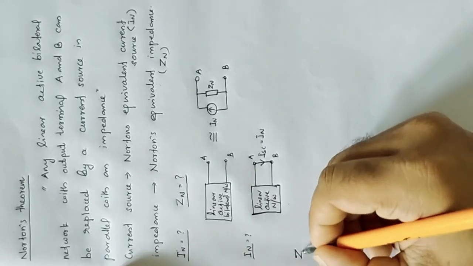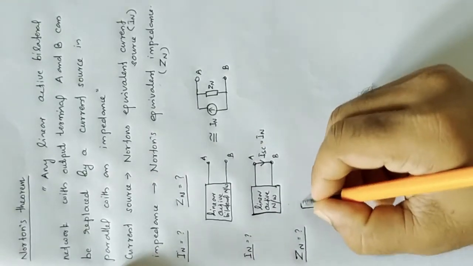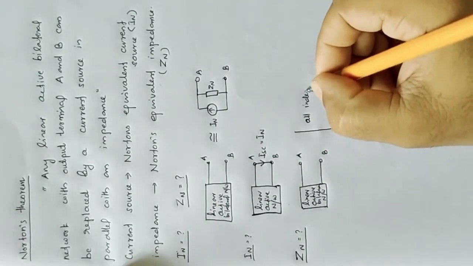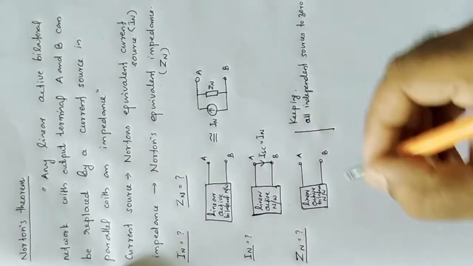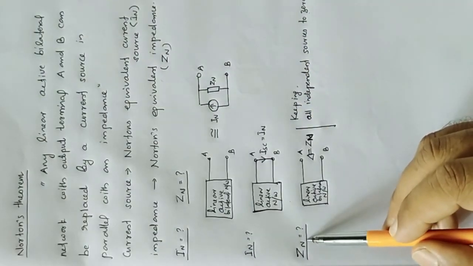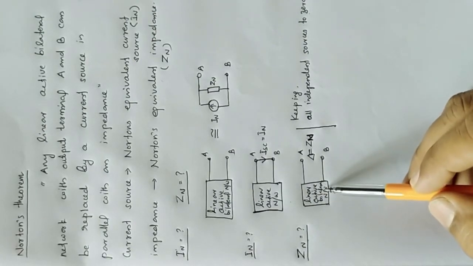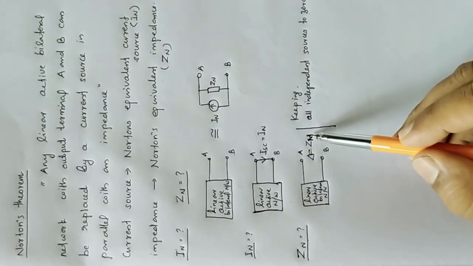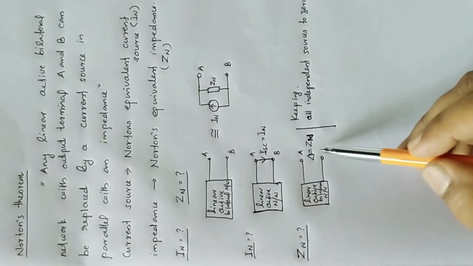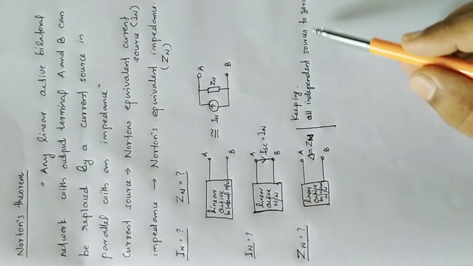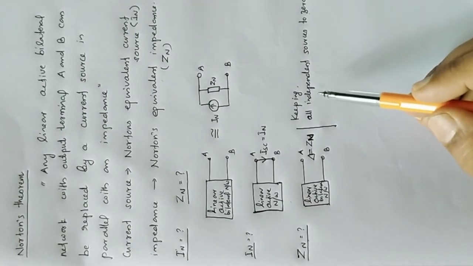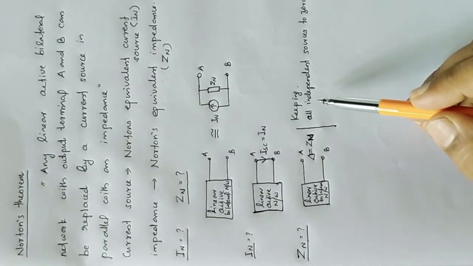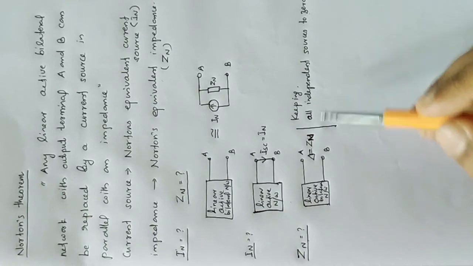Similarly, in order to find Zn, the Norton equivalent impedance, we need to find the impedance seen through terminals A and B, keeping all independent sources at 0. An independent voltage source can be made 0 by short circuiting, and an independent current source can be made 0 by open circuiting its terminals.